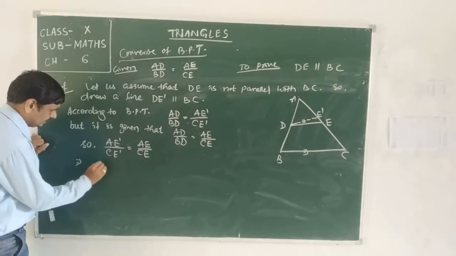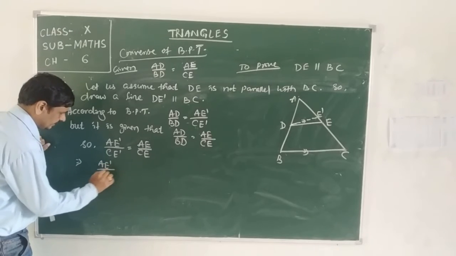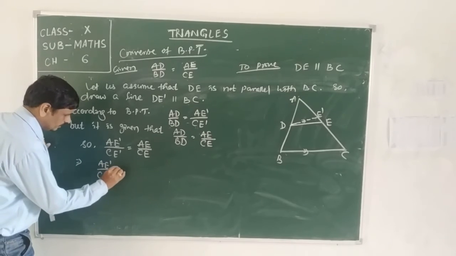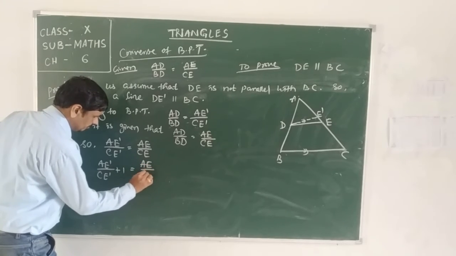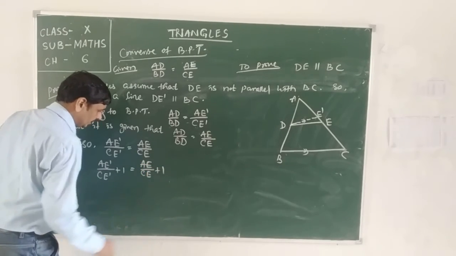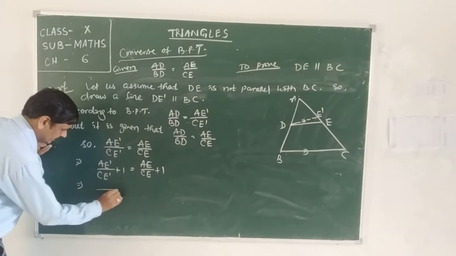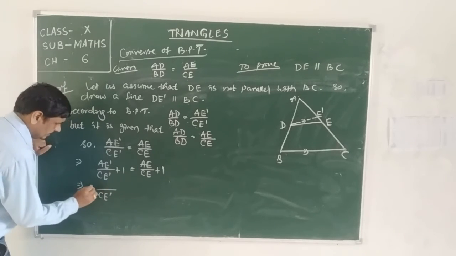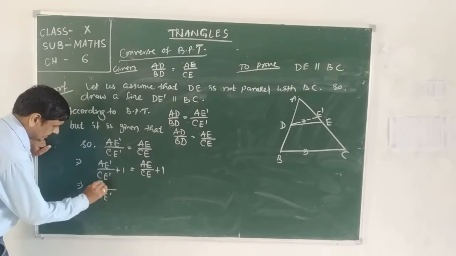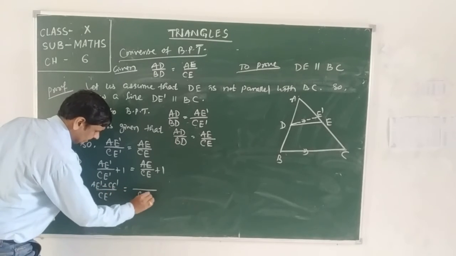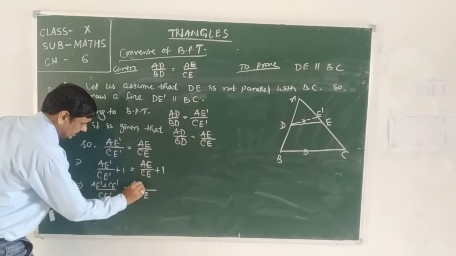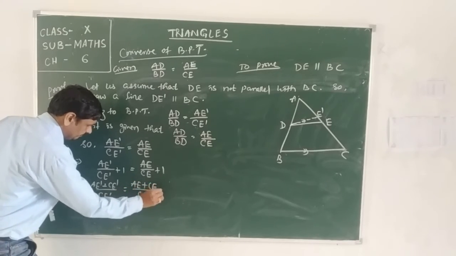This implies AE dash by CE dash plus 1 is equal to AE by CE plus 1. The LCM will be CE dash; the numerator is AE dash plus CE dash. The LCM is CE; there it is AE plus CE.